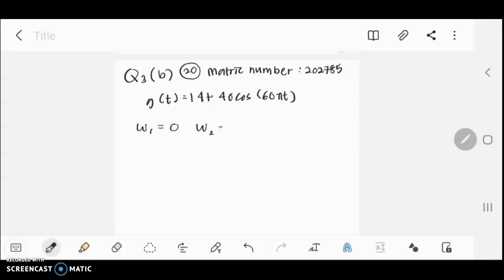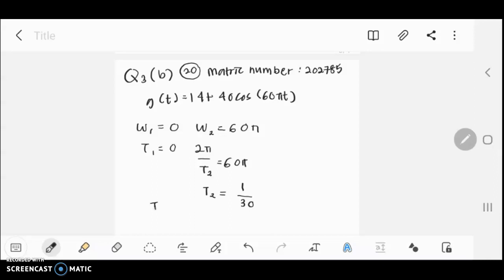Omega 2 is equal to 60 pi. So 2 pi over T2 is equal to 60 pi, and then we will get T2 equal to 1 over 30. So our T1 is 0.